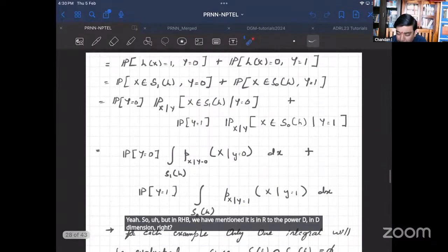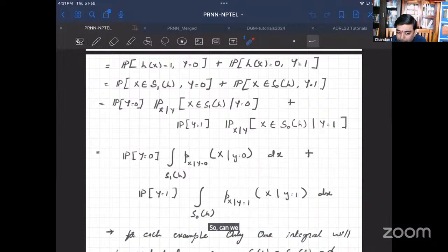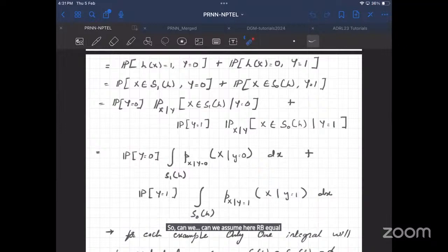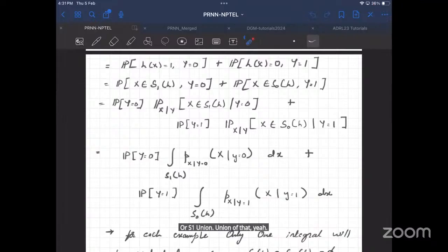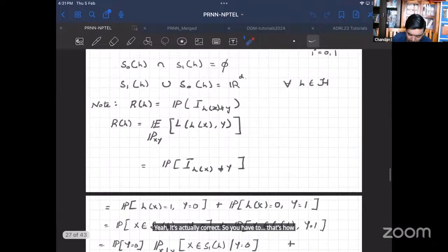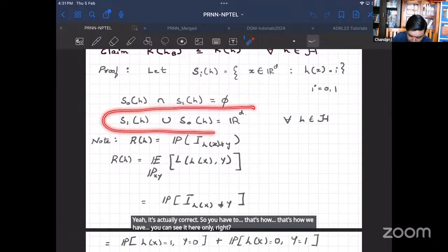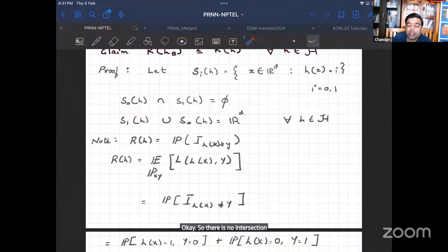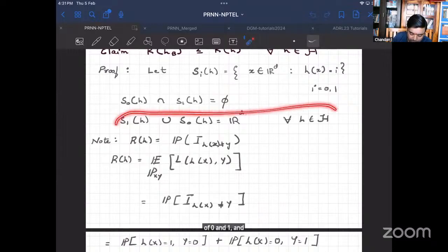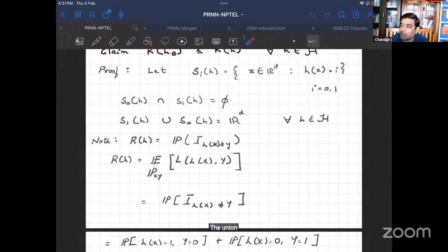So can we say R^D equals the union of S1 and S0? Yes, it's actually correct. There is no intersection between your regions of 0 and 1, and when you consider the union of them, you get the whole D-dimensional space.